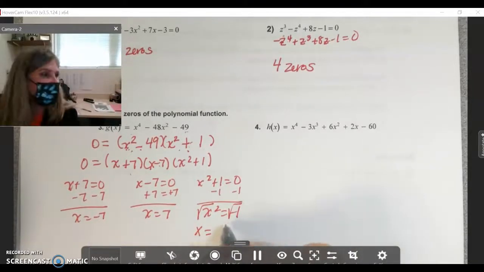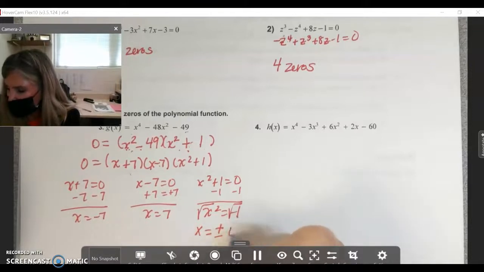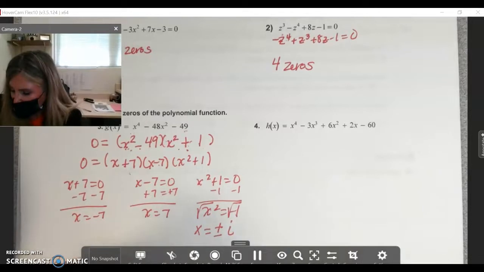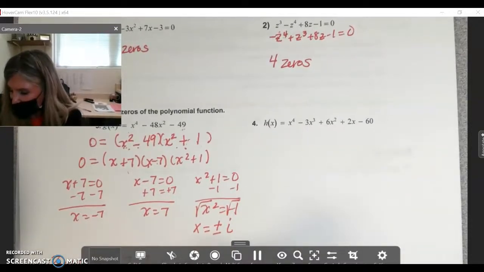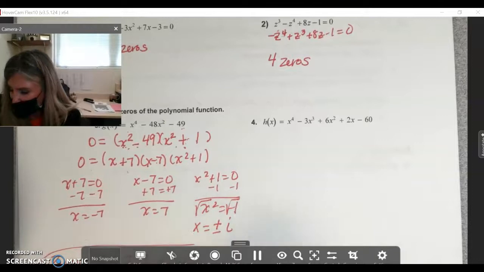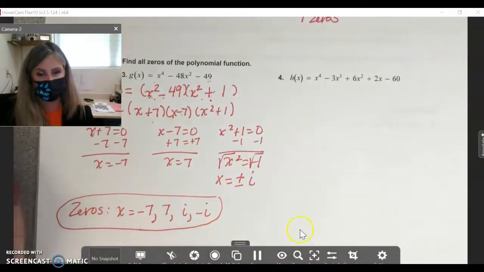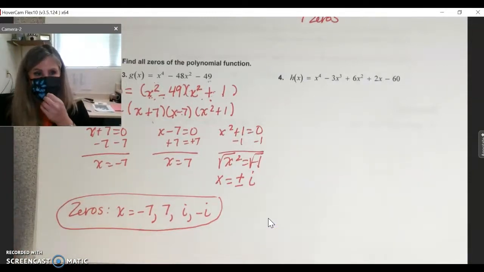What's the square root of negative 1? I. So this is going to be plus or minus i. So our zeros are going to be x equals negative 7, positive 7, i, and negative i. How many zeros were we supposed to have on this equation? And we got 4. So we know we're correct.